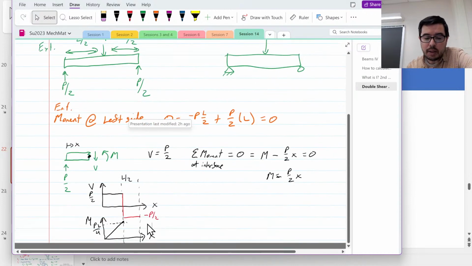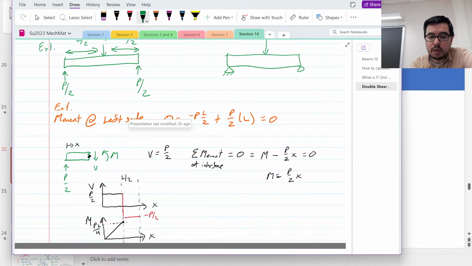Another way to look at this is, say you don't want to use any of those integral methods that we've talked about. The other way is to say, well, I'm going to expose the right side. I'm going to expose the left side. So when I do that, I use my convention that V is upward and that this is M. And we have a P over 2 being applied on that side.